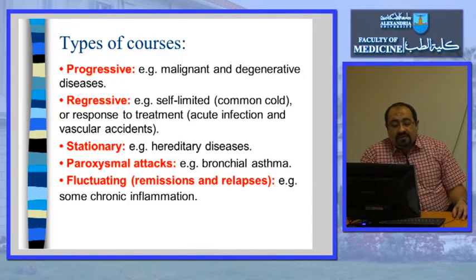The course of the patient complaint may be stationary, which means it is stable, not increasing or decreasing in severity, or it may be paroxysmal, like bronchial asthma, or fluctuating, where the patient goes into remissions and relapses, like chronic inflammation and some autoimmune diseases.